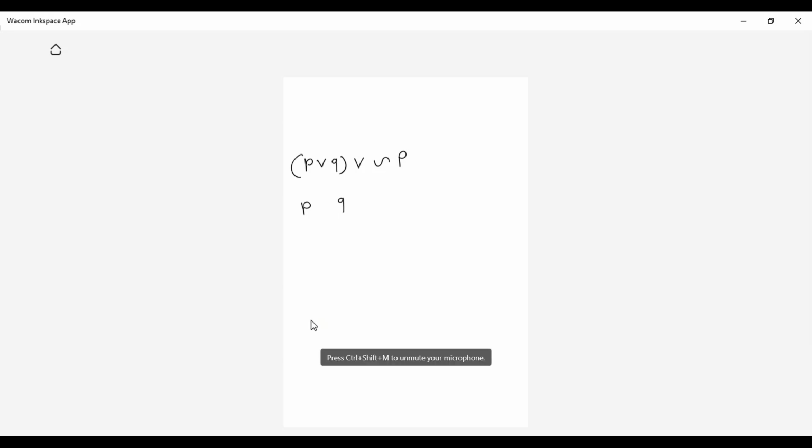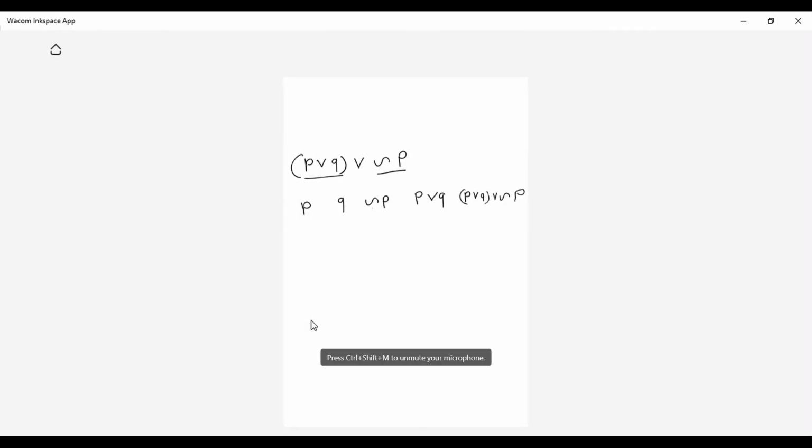That we need to find out. So this term will be required. After that, this term will be required. So I will write negation P. Then I will write P or Q. Once I get negation P and P or Q, then I'll be able to find P or Q or negation P. Is it clear, everyone?